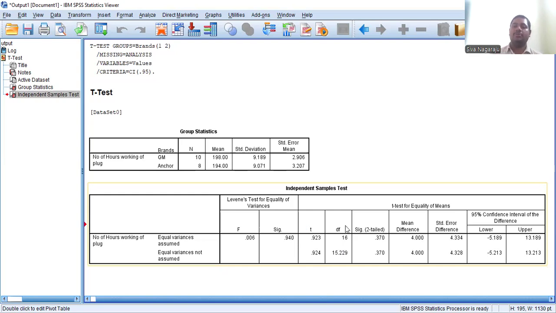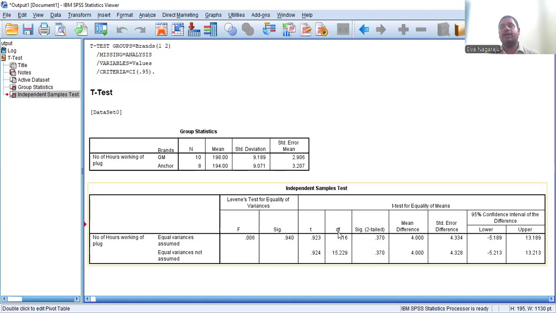Next, in the independent samples t-test, we found the test statistic value with a significance value. Our significance value is 0.370, which is greater than 0.05 at 5% level of significance. Then we accept the null hypothesis. Therefore, there is no significant difference between the two brands of plugs before it reaches the spark.